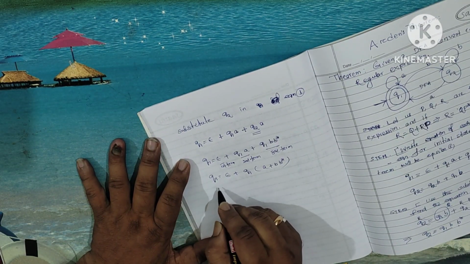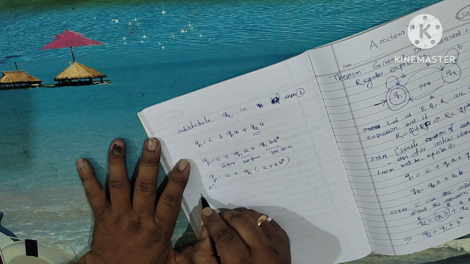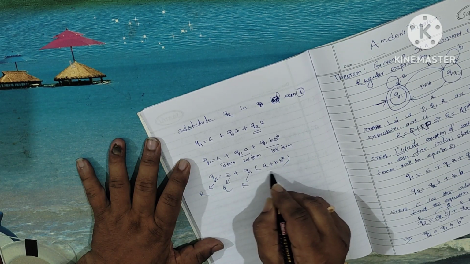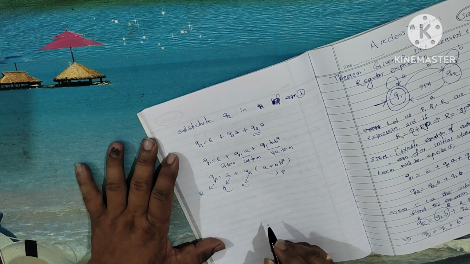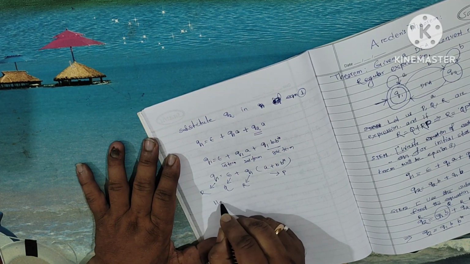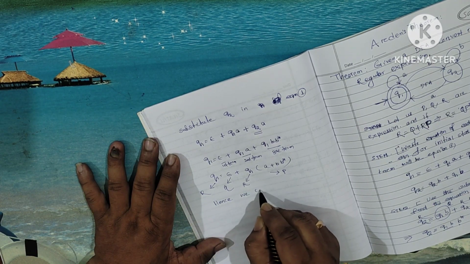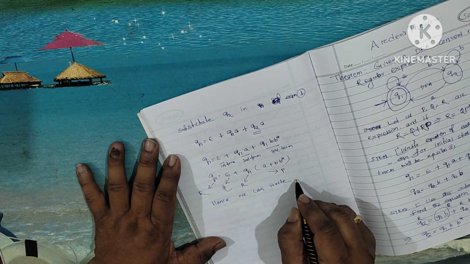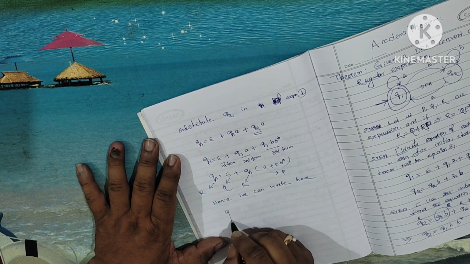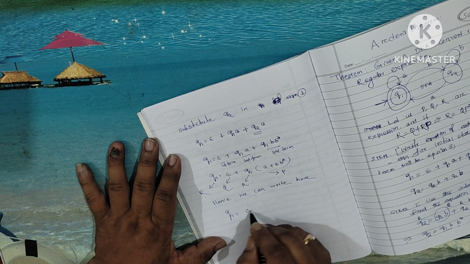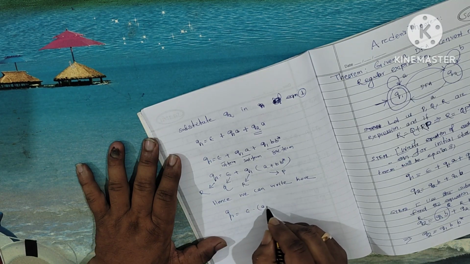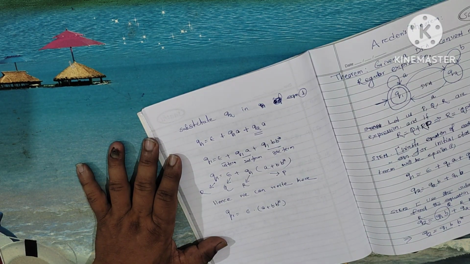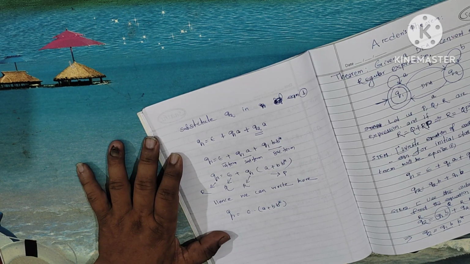Now you can see in this equation, this is R, this is Q, this is R, and this is P. So hence we can write Q1 is equal to epsilon (A plus B star A) star.